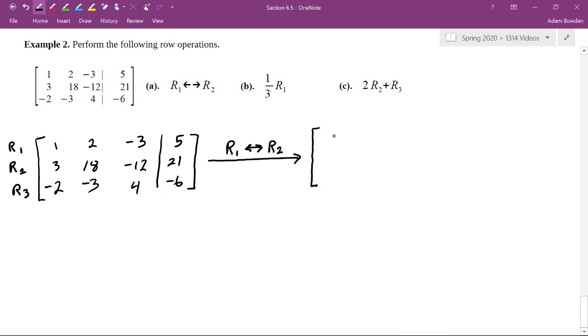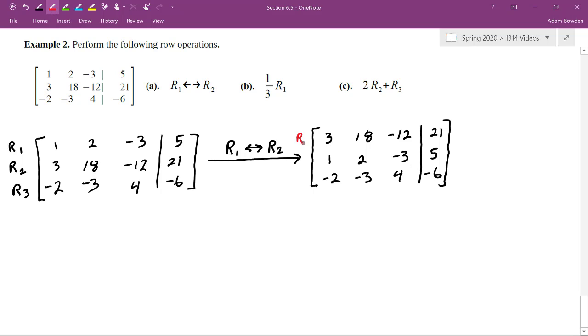If we do that, row 1 would go first, so that we'd have 3, 18, -12, 21 in row 1 now, and then 1, 2, -3, and 5 in row 2, and row 3 is the same.